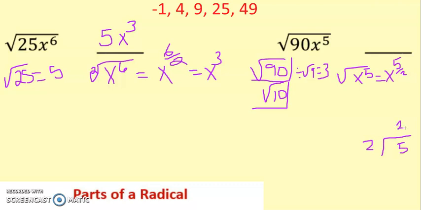2 goes into 5 2 times. 2 times 2 is 4. 5 minus 4 is 1. You have a remainder of 1. So that means that we have an x on the outside and we have an x on the inside. On the outside we have 2 of them.